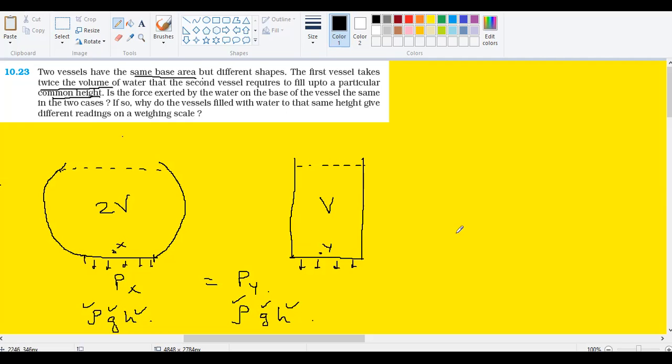Why? Because pressure is equal to force by area. If pressure is same and area is also same, then force is equal to pressure into area. So this is same, this is same, which means this will also be same.